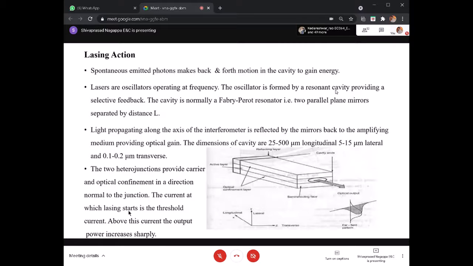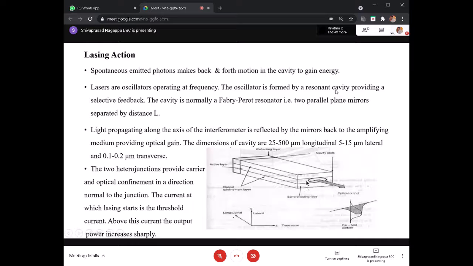Next is lasing action. So what is lasing action? This is also called a Fabry-Perot resonator, normally a Fabry-Perot mirror arrangement. As and when your spontaneous emitted photons are generated, they make back and forth motion in the cavity. What is this cavity? The cavity is the in-between, that is the active region.